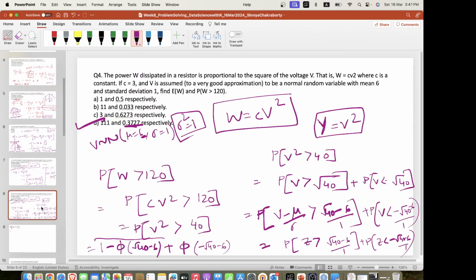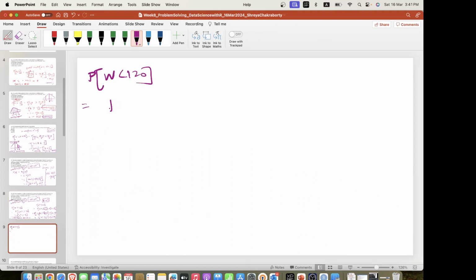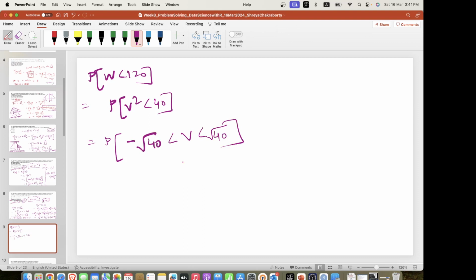If we follow this pattern, this would translate to probability v square less than 40, which would be minus root 40 less than v less than root 40. You just have to remember this curve and what it is that we want.